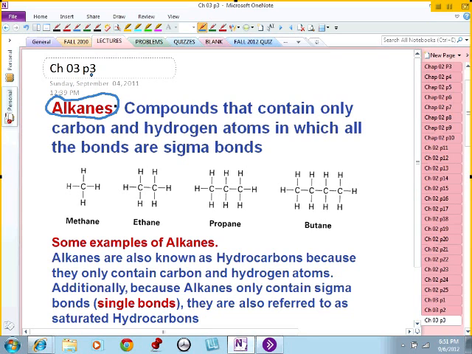And sometimes we refer to this class of compounds as unsaturated. Oh, I'm sorry. No, I don't mean that. Sometimes we refer to them as saturated compounds.